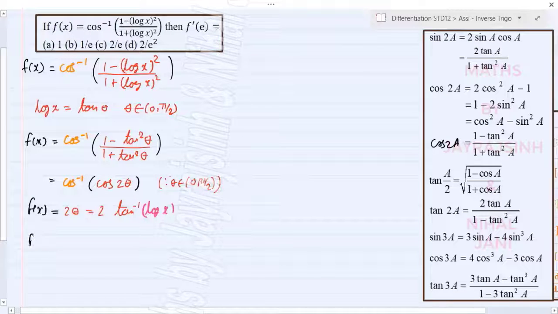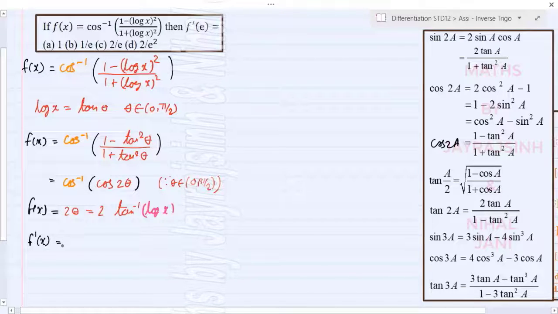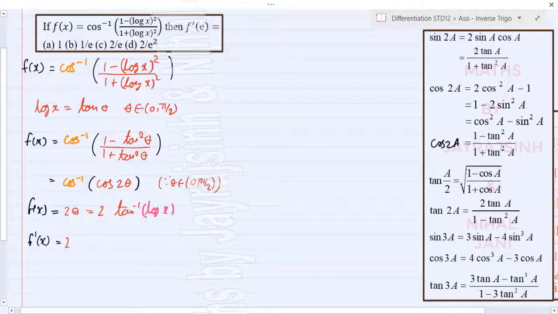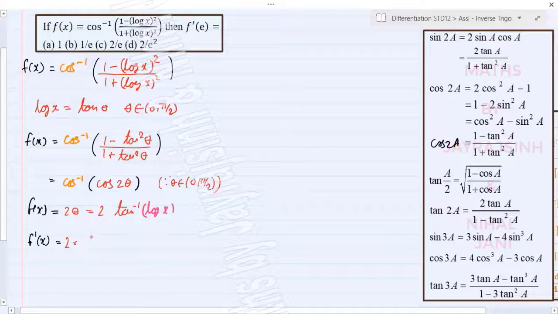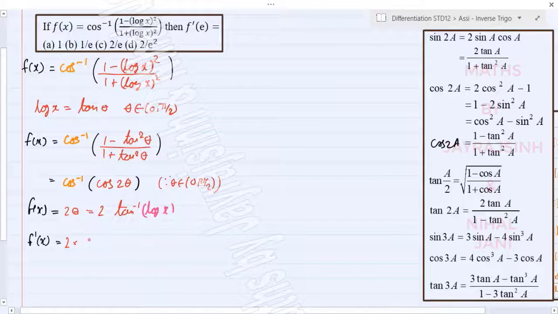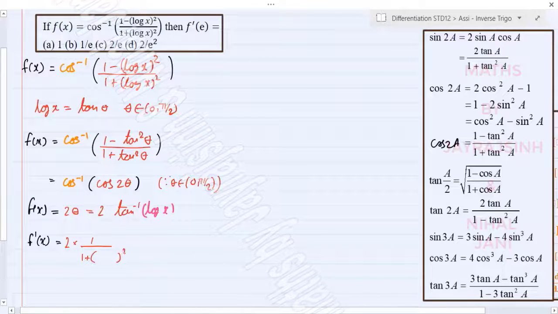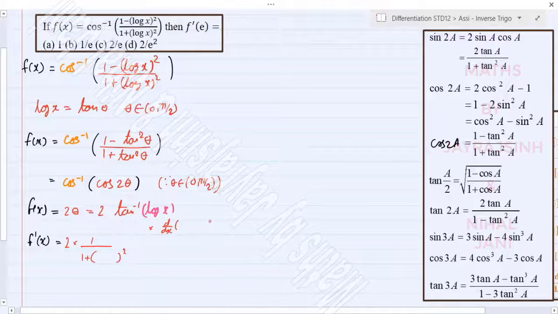So first of all, let's get f dash x by differentiating with respect to x. We don't have to worry about this 2. Just differentiate tan inverse log x, where log x is the inner function. So we have to consider a box around it. In the first step, simply differentiate tan inverse box, which is 1 upon 1 plus box square, into differentiation of box.